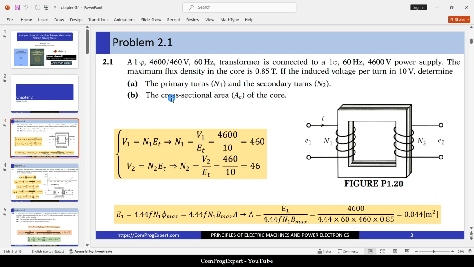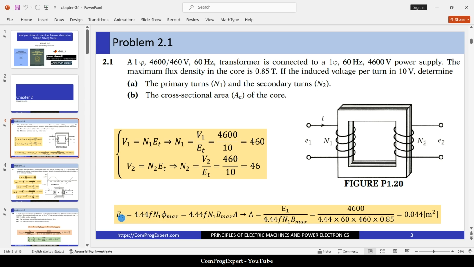The next part, the cross-sectional area of the core. We know the maximum flux density in the core, and you remember this equation from chapter 1. This is the RMS value of the voltage induced in a coil when we have a sinusoidal excitation.